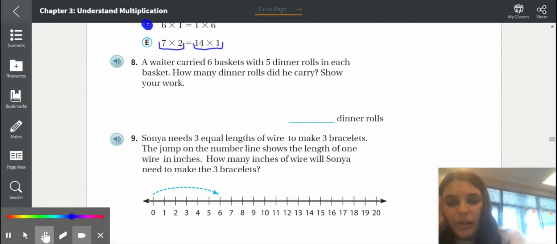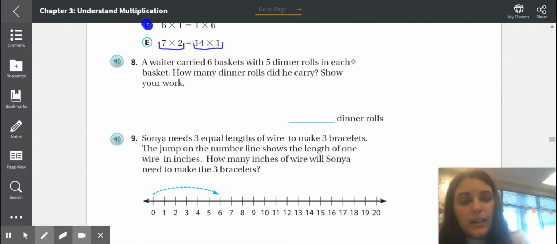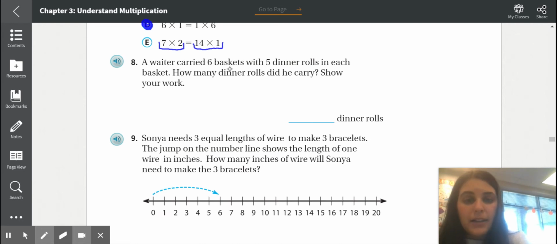Okay, a waiter carried 6 baskets with 5 dinner rolls in each basket. How many dinner rolls did he carry? Show your best work.